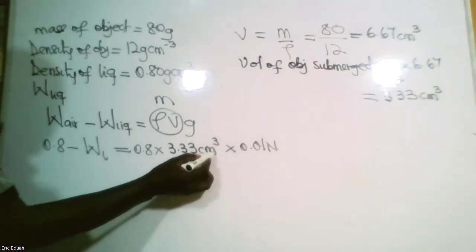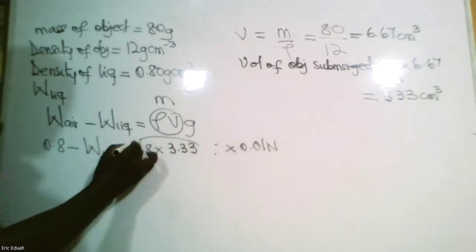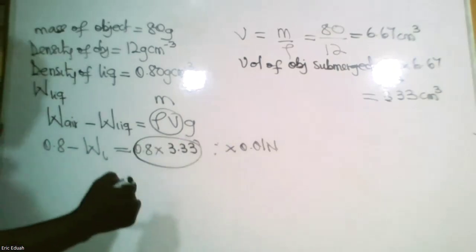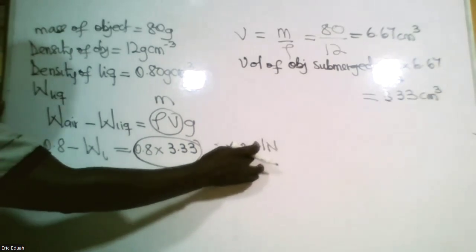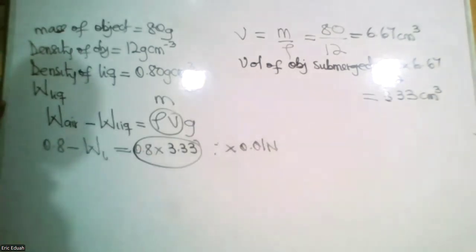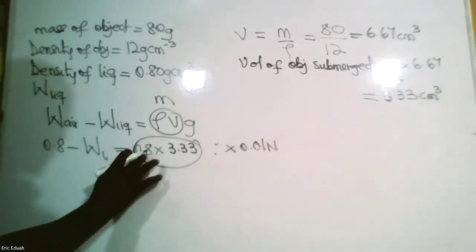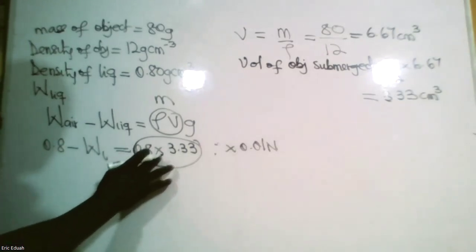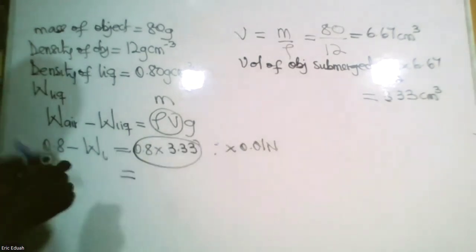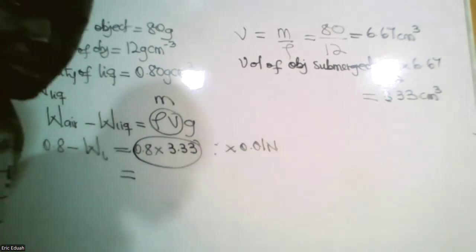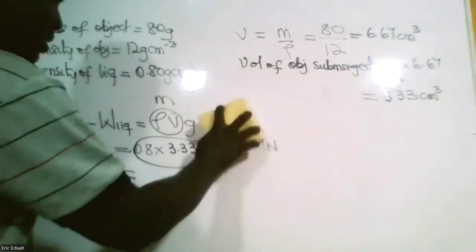So once you multiply 0.8 by this, you have the mass. So the mass in gram times 0.01 Newton to convert it to weight. So multiply them for me: 0.8 times 3.33 times 0.01 Newton, and then give me the feedback.